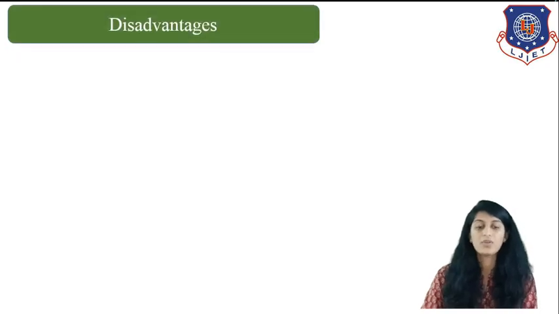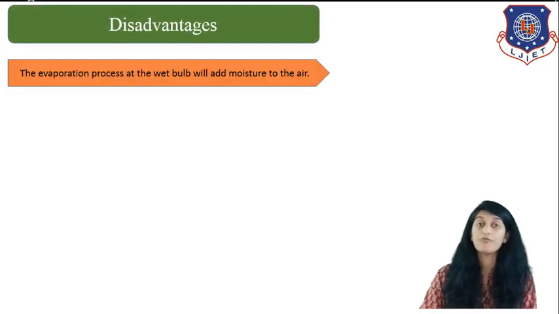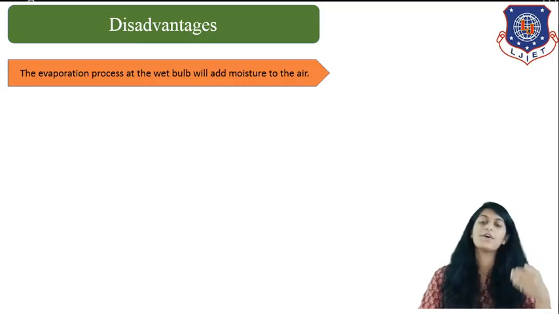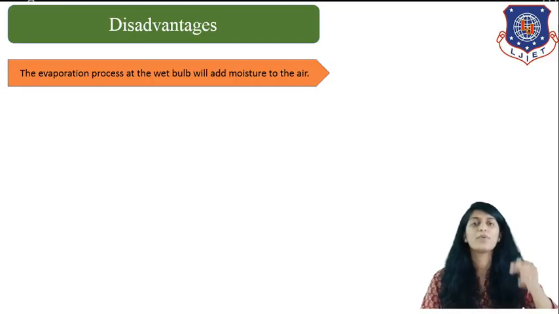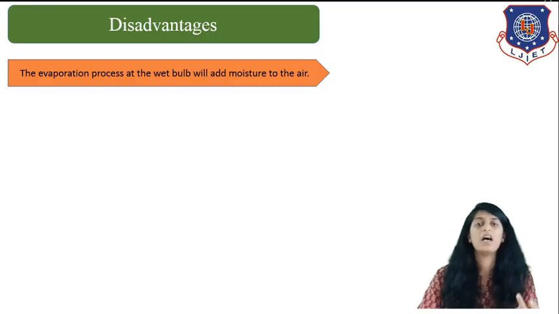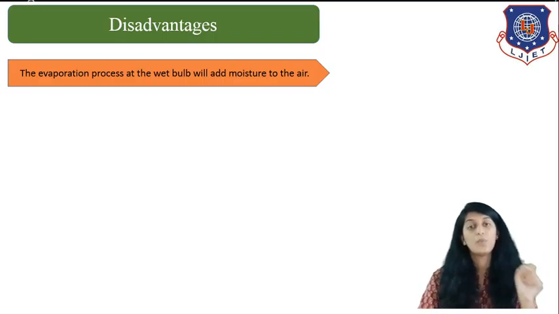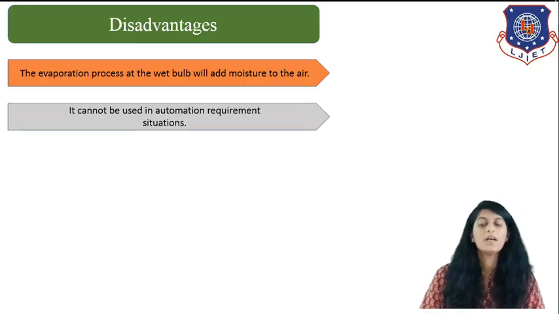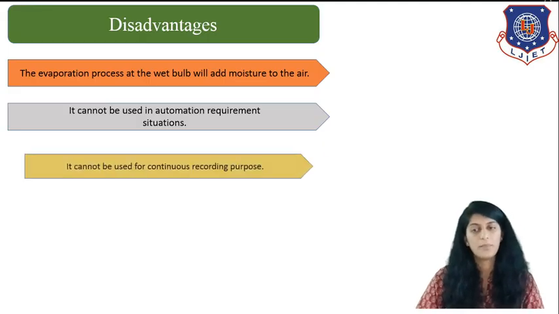Coming to the disadvantages portion, the first disadvantage is that the evaporation process at the wet bulb will add moisture to the air. Yes. Whenever there is evaporation occurring in the wet bulb, moisture content will be added into the atmosphere. Next is it cannot be used in automation requirement situations. So, we cannot fully automate this equipment.